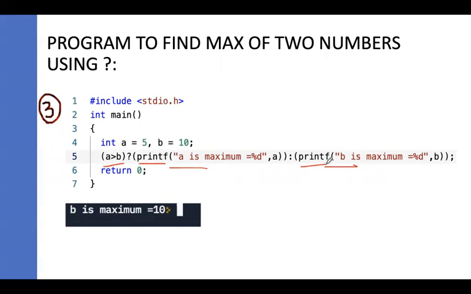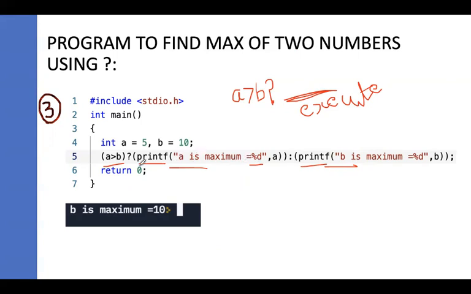For example, here I'm just writing a greater than b, question mark. Now, if it is true, whatever I'm going to write after the question mark is going to execute. So here I can write the printf statement. I can write printf a is maximum, where value is %d.